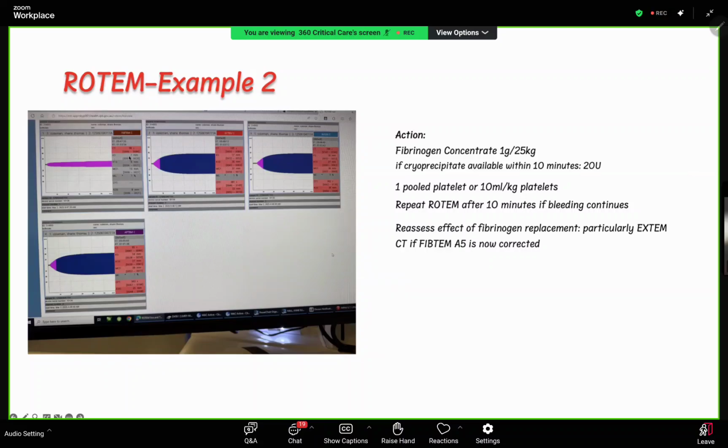You can see this A5 is 7 and in the EXTEM A5 is 17. So the rise in the A5 is only 10, which may also be an indicator of platelet deficiency. You need around a 20 increase from that to there. A5 should increase from 7 to 27 to say that the platelets are adequate, and it's only fibrinogen.